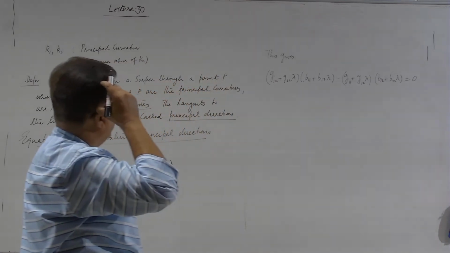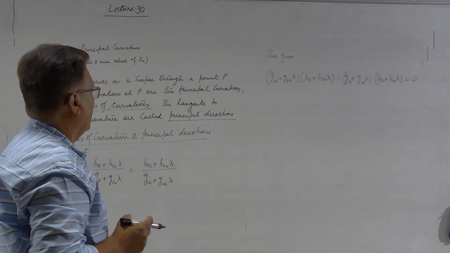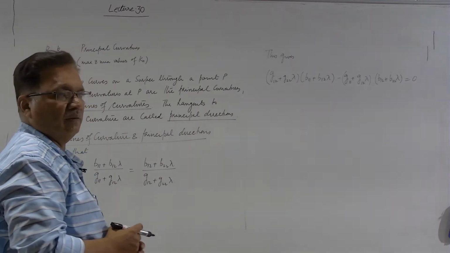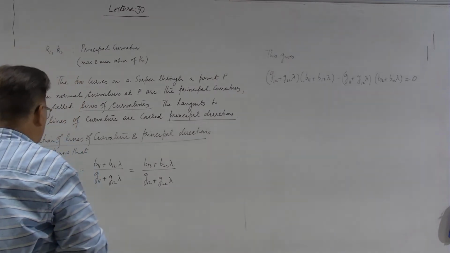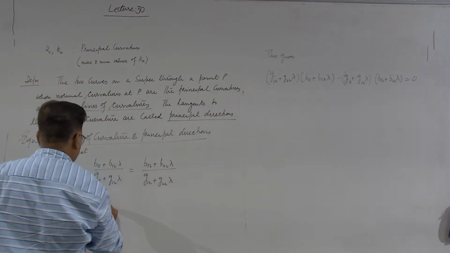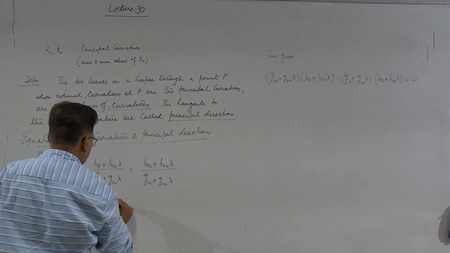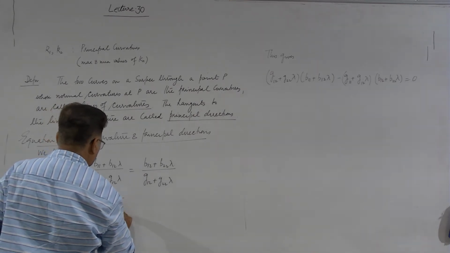So, if I simplify this equation, I will get a quadratic equation in lambda. We should keep in mind that lambda is a direction. It is du2 over du1.